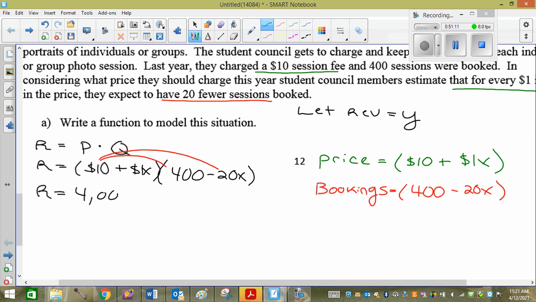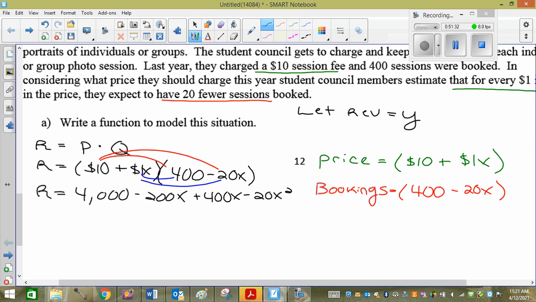Okay, what's our next term? Negative 200 X. And then if we have to foil our next two terms here, what are our next two terms? Plus 400X and then minus 20X squared.